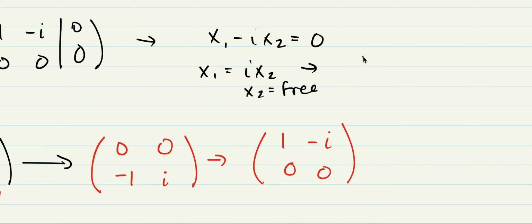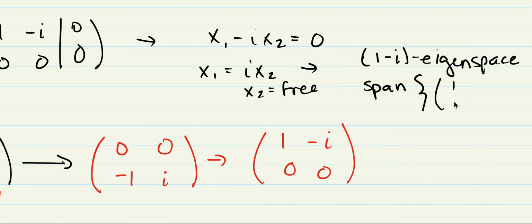So the null space, or the 1 minus i eigenspace, is just the span of this vector i, 1. Because I'm letting x2 be r, and then I get i times r, and then you factor out the r. So you just get i, 1.